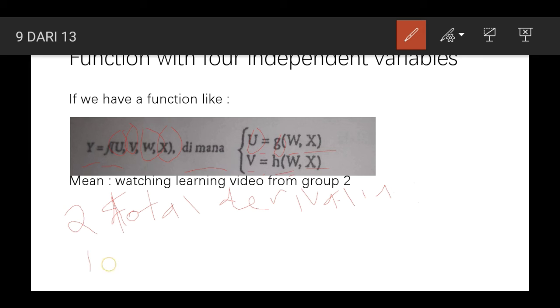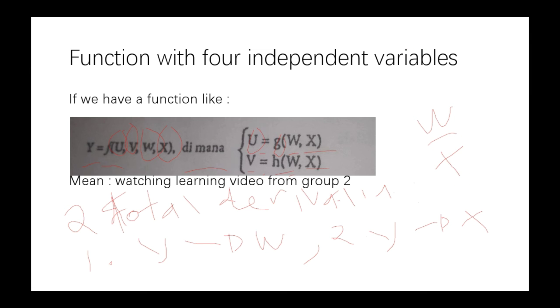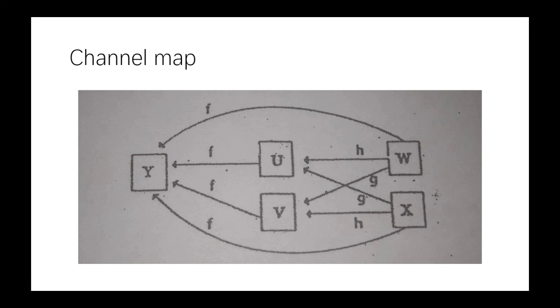Number 1 is the total derivative of y with respect to w, and number 2 is the derivative of y with respect to x. Why? Because the main sources of influence are the two variables w and x. So from this we can see the channel map.